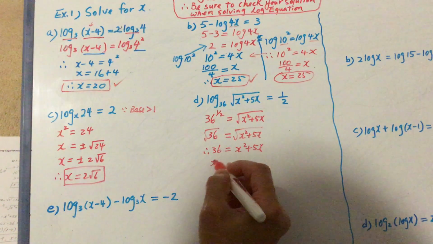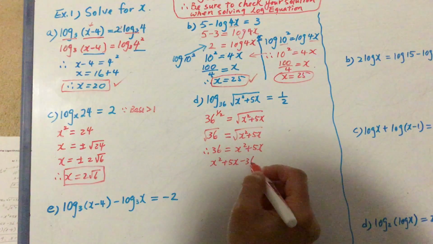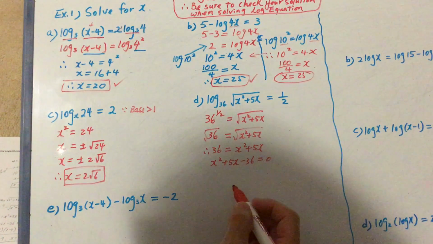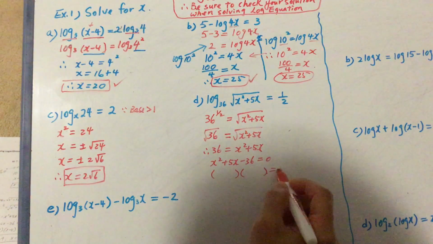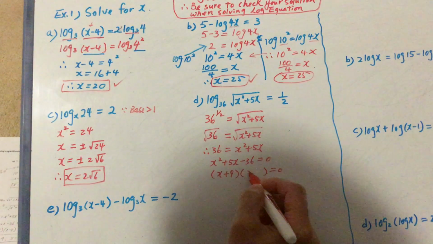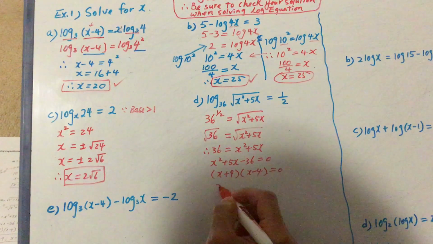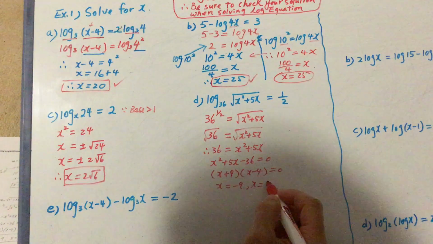When you rearrange everything, this becomes a simple trinomial equal to 0, so you can factor this. It equals x plus 9, x minus 4. So x is equal to negative 9, or x is equal to 4.